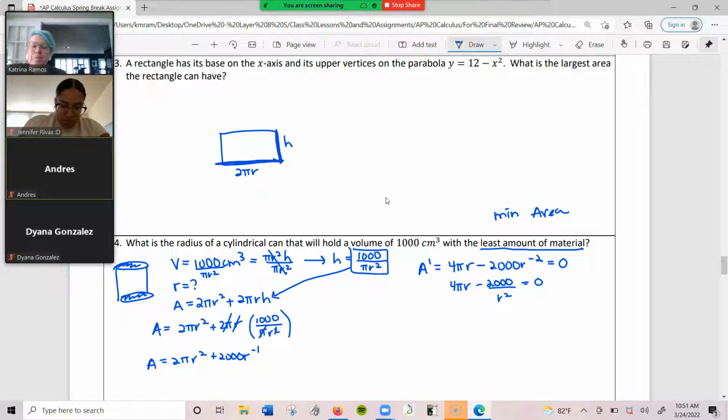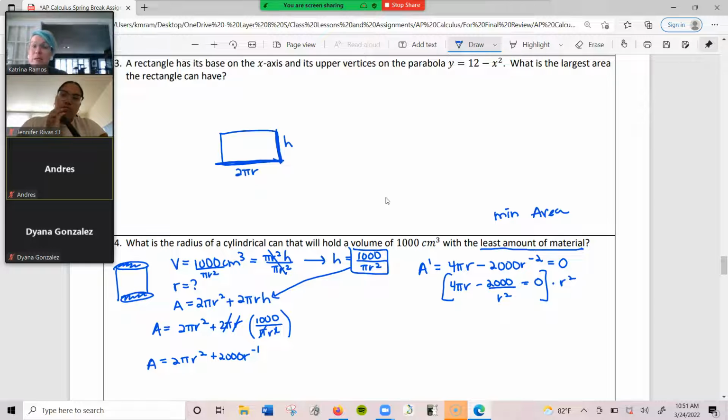Okay? Now you have several ways of going from here. We want to solve for r. So we can, let's go with this one way because I think it's easier. We want to get rid of this fraction so we don't have to deal with having r in the denominator. So what you can do to cancel that out is multiply the entire equation by r squared.